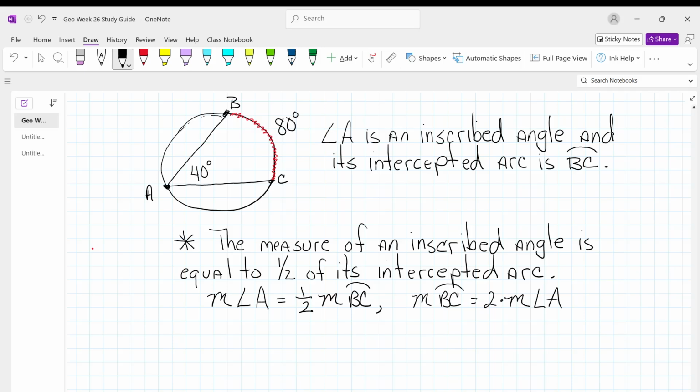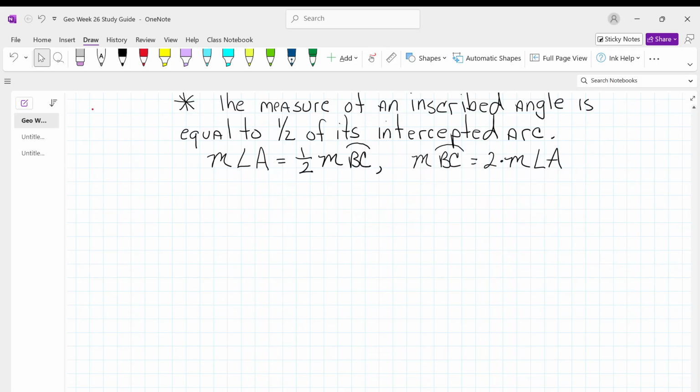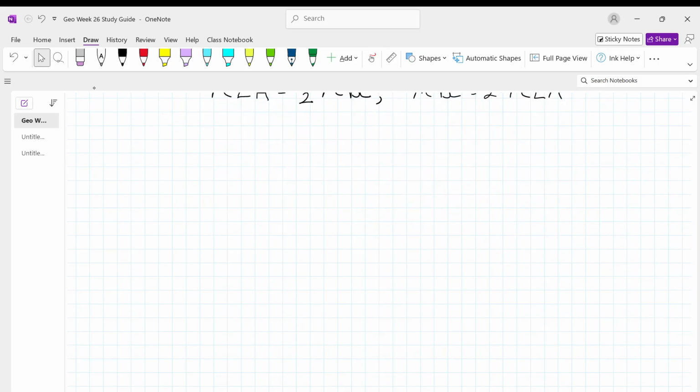All right, so flip over to page 724. We're going to look at example 1, where you're going to be asked to find some angle measures, and then you're going to be asked to find some arc measures.